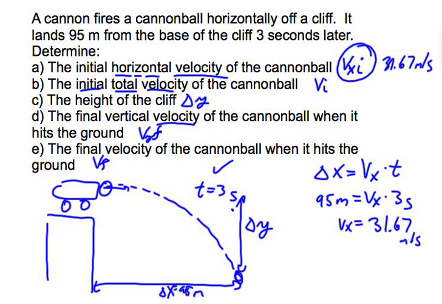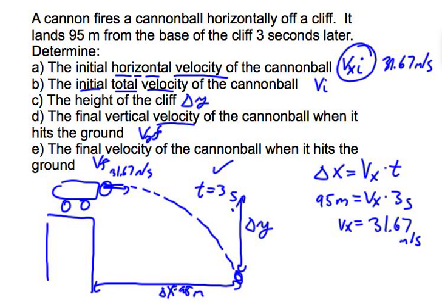Next, they want the initial total velocity of the cannonball. All right, when this is fired horizontally, it is not moving vertically at the moment it's fired. It has nothing vertical. If it has no vertical component, that means it's the same exact speed.